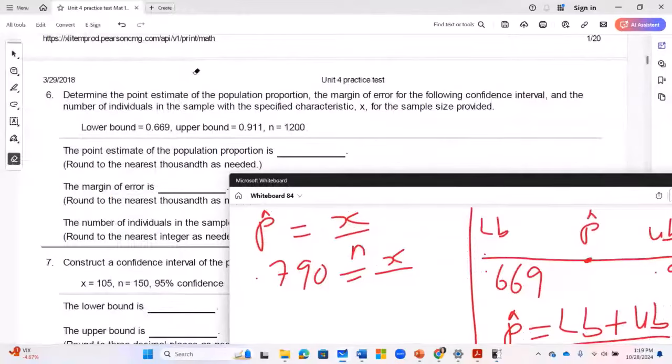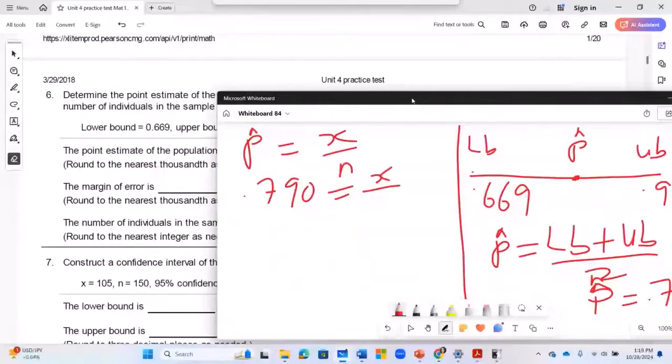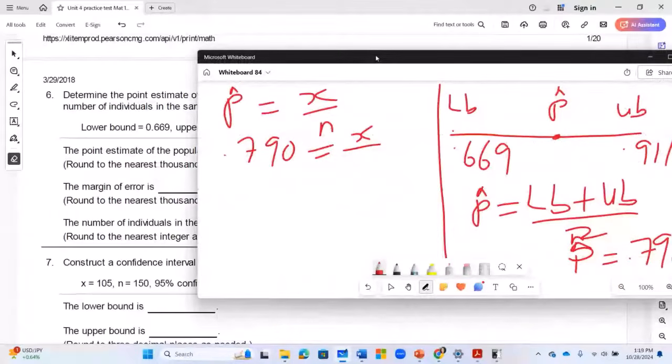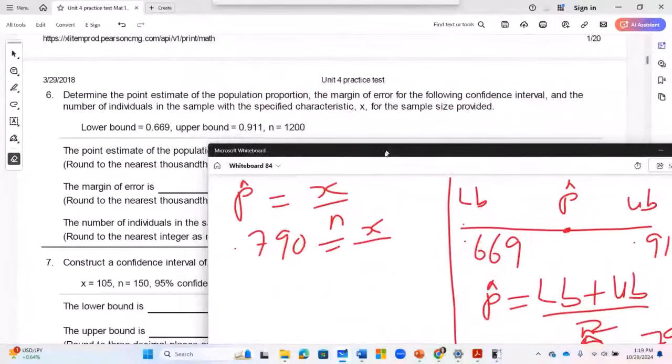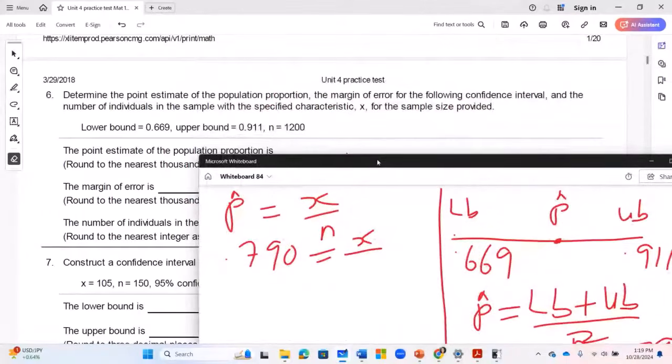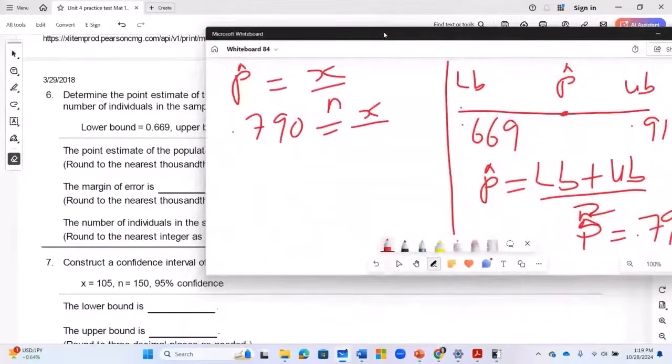Determine the point estimate of the population proportion, the margin of error, which is the distance between the upper bound and the point estimate, and the number of individuals in the sample with the specified characteristic, x. Okay, so they want me to find x. I already know n, they give me 1200. So n is 1200.